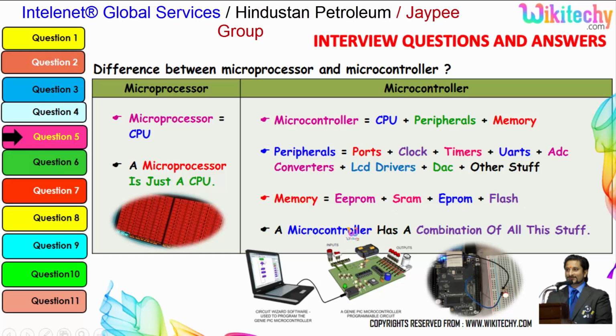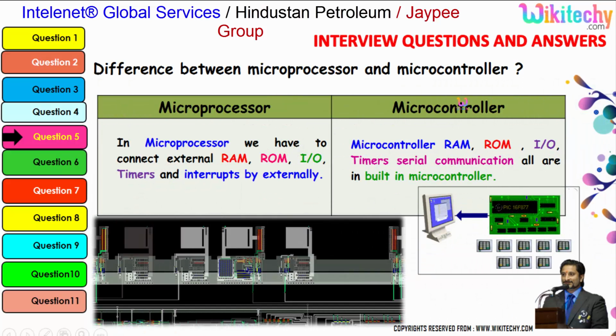So a microcontroller has a combination of all these. In a microprocessor, we'll have external RAM, ROM, IO, timers and interrupts externally. Whereas in a microcontroller, RAM, ROM, IO, timer, serial communication, everything is inbuilt.